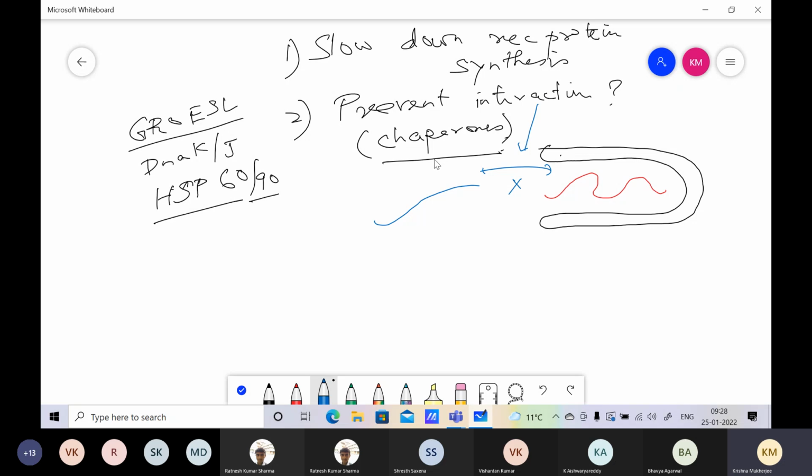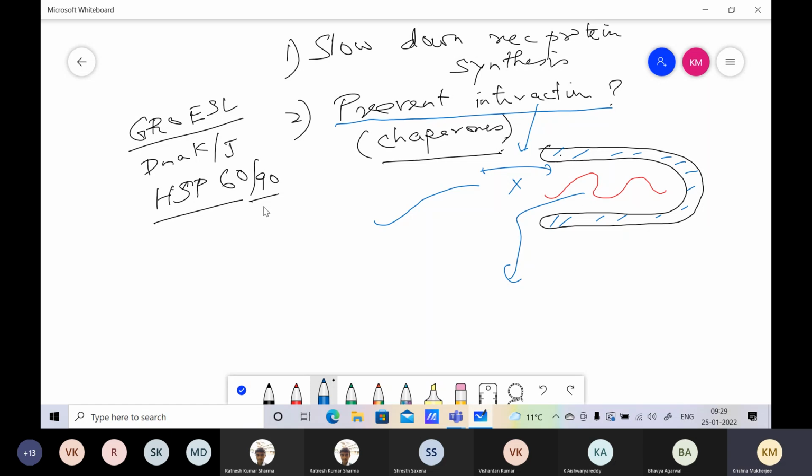The chaperone provides a safe, non-interactive environment for the protein to fold peacefully. And once it is folded properly, then it ejects this and takes the next one. So it is like a home provided to the proteins for easy folding, not allowing them to interact. So chaperones prevent intermolecular interactions and give the protein space to fold.